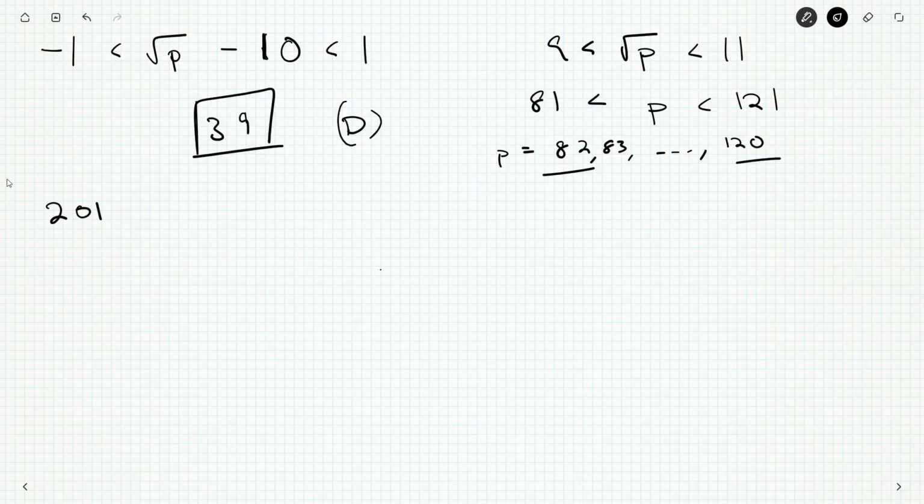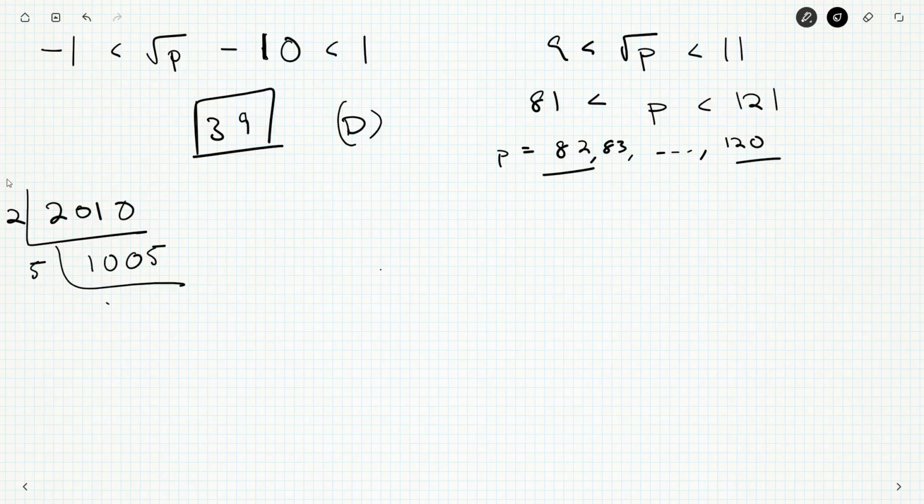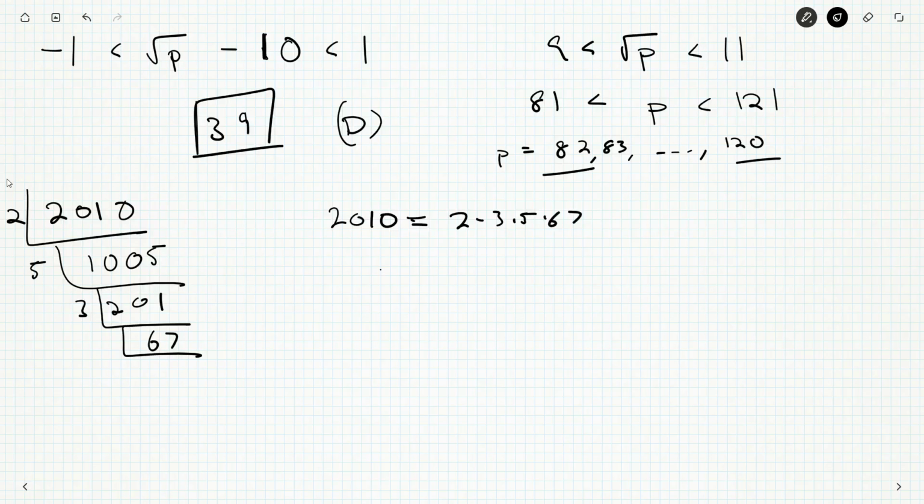Maybe just say, well, I can definitely get a factor of 2 out of there, and that'll be 1005, so I can get a factor of 5 out of there. And that'll be 201, and I can get a factor of 3 out of that. 18 gives me a 6, and then that leaves a 2 left over, so 67, and 67 is a prime. So I get 2010 is 2 times 3 times 5 times 67. Oh, so that's kind of nice. It's a square-free number, which is pretty nifty.